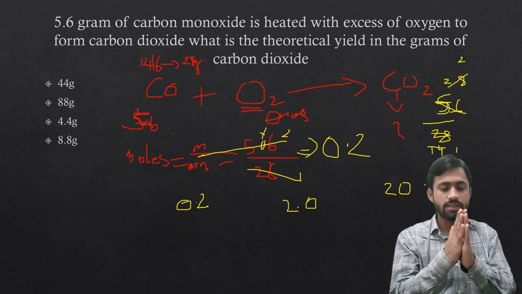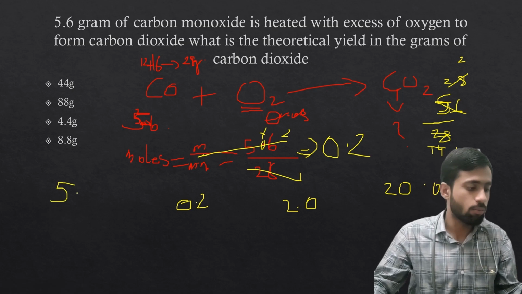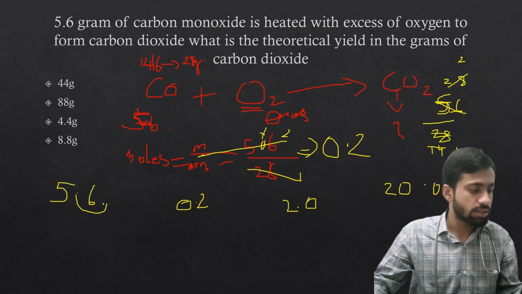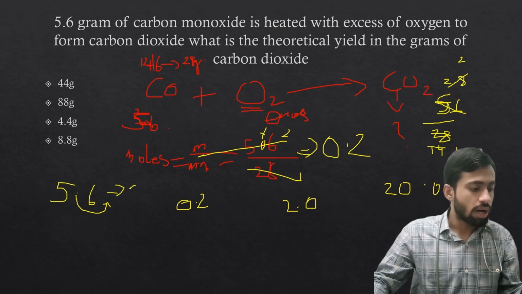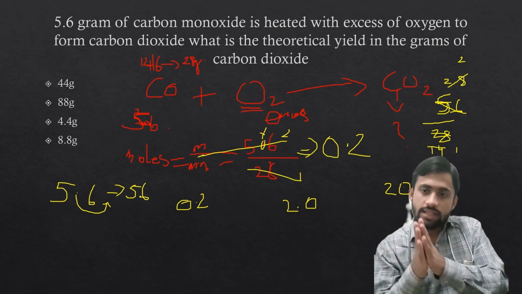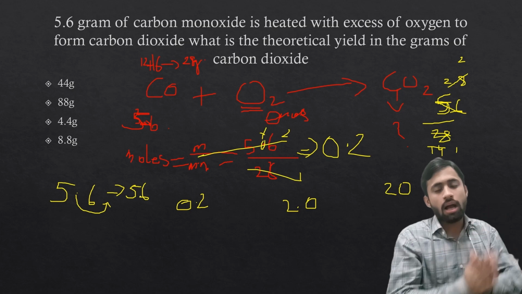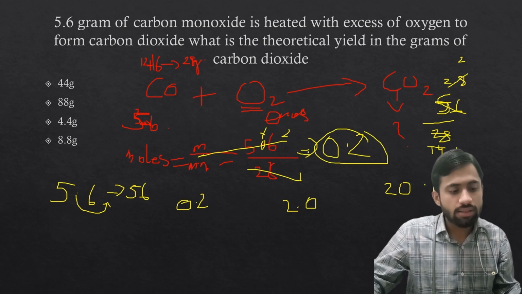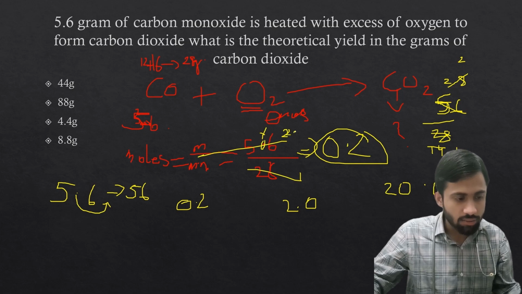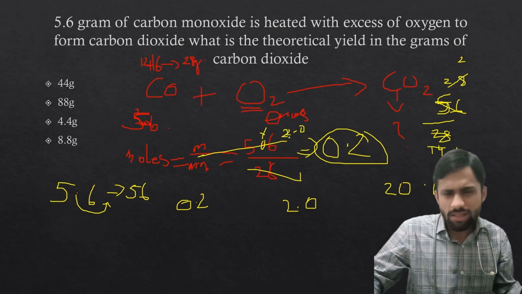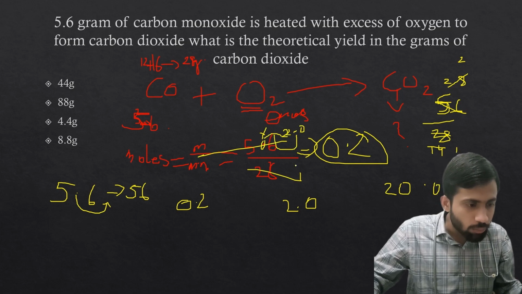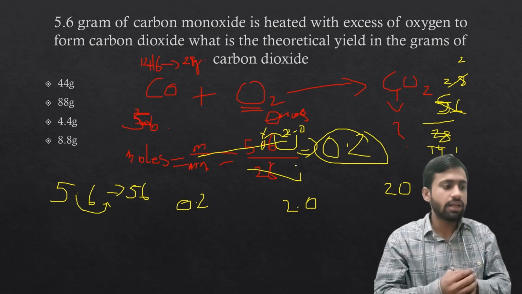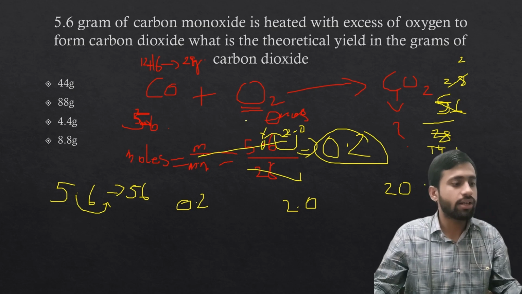So I moved the decimal point forward. Now I have to move the decimal point back again. So the answer was 2.0 basically, and I moved my decimal point 1 point back. That resulted in my answer as 0.2.